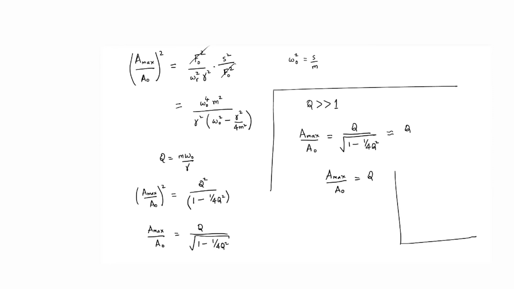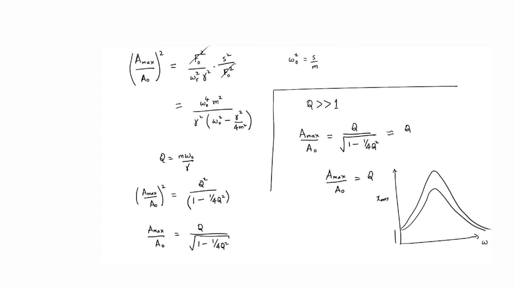Now, we can sketch the resonance curve in terms of the Q values. So, for instance, here I am plotting x max as a function of the driving frequency omega, and it might look something like this.